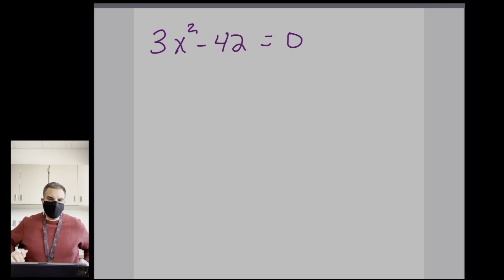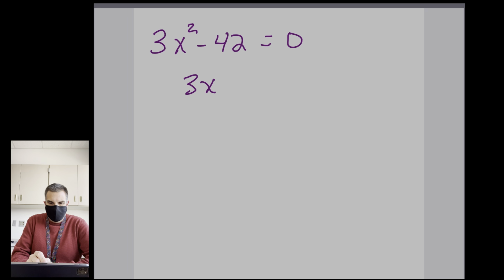So let's look at another example of this. Let's go 3x squared minus 42 equals 0. So we're going to add 42 to both sides. So 3x squared equals 42.